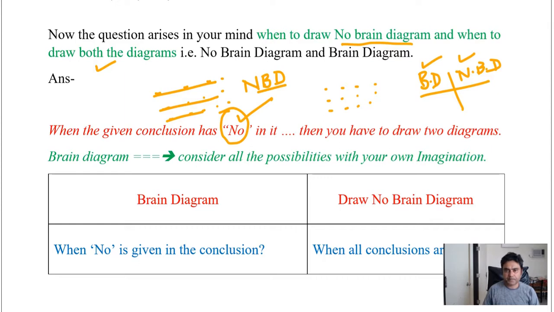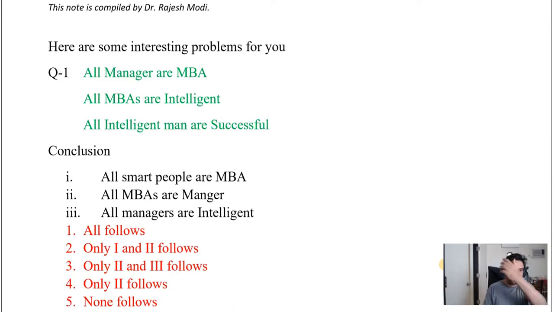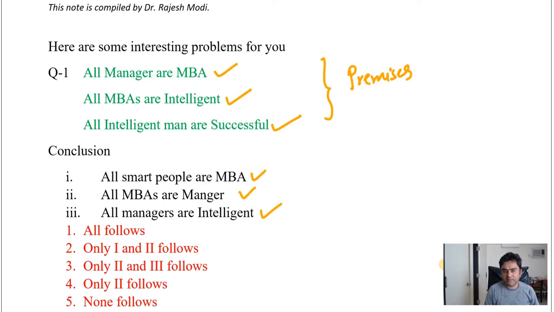Now keeping this idea in mind, let us study this premises. All managers are MBA, all MBA are intelligent, all intelligent men are successful. So these are called premises or propositions. And then these are three conclusions, 1, 2 and 3. All smart people are MBA, this is affirmative. All MBAs are manager, this is also affirmative.